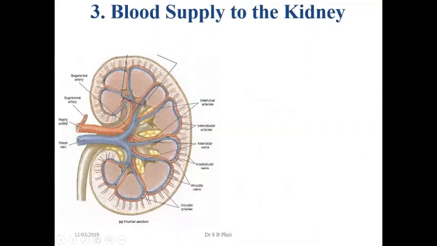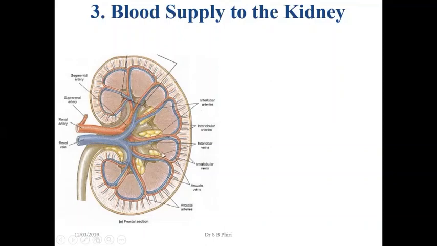So here they are. These renal arteries are a branch of the descending abdominal aorta. The major renal artery, as it goes via the hilus, will bifurcate to form the segmental arteries. As the segmental arteries approach the pyramids of the kidney, they divide to form the interlobar arteries, which are in between the pyramids.